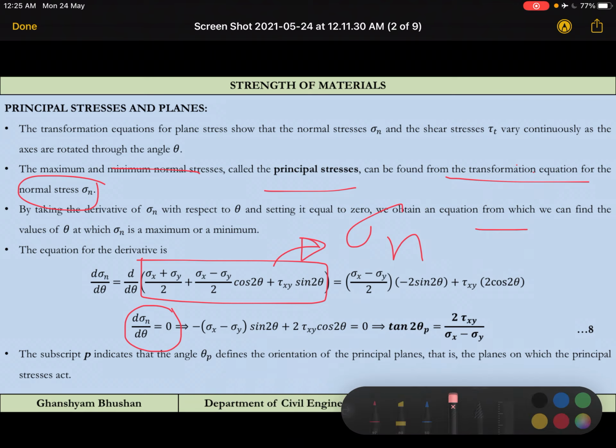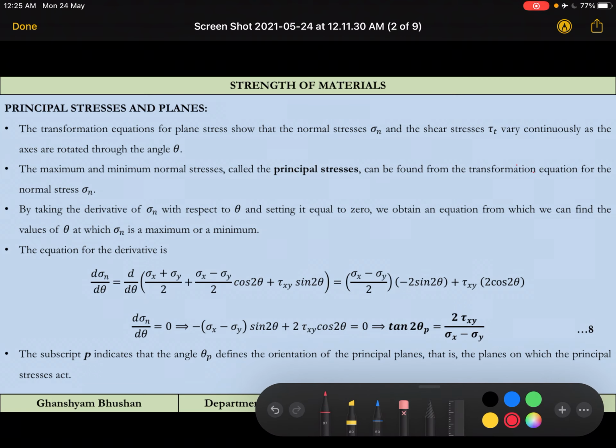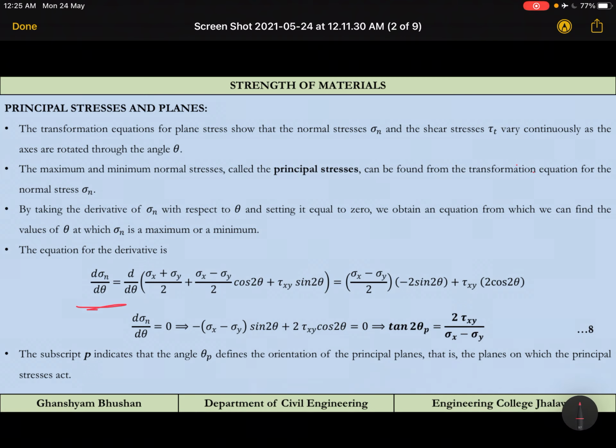All you have to do is take the derivative of sigma n with respect to theta, d sigma n by d theta. We differentiate the equation with respect to theta. The first term is constant, not depending upon theta, so it becomes 0.